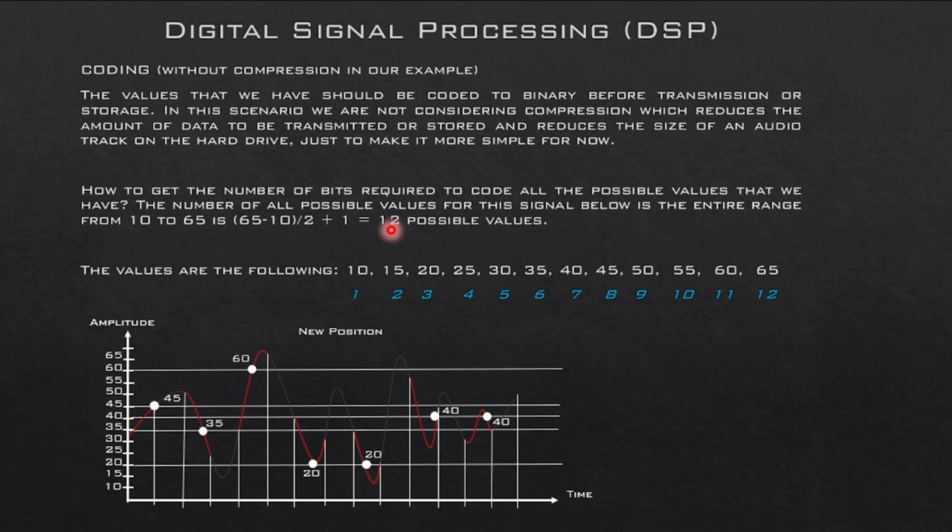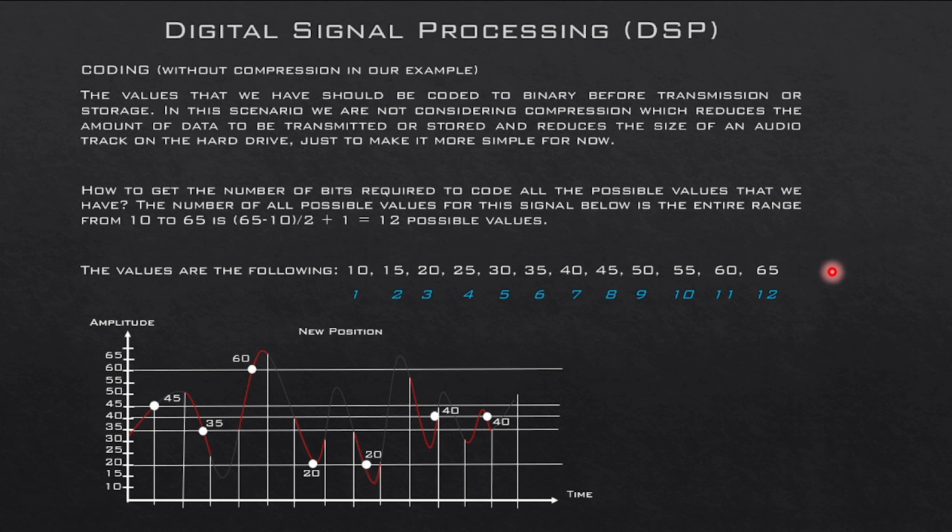That would give you 12 possible values. This is the formula. If you count them, you end up with 12 possible values. So the values are the following: 10, 15, 20, all the way to 65. If you count them, you get 1, 2, 3, 4, 5, 6, 7, 8, 9, 10, 11, and 12.